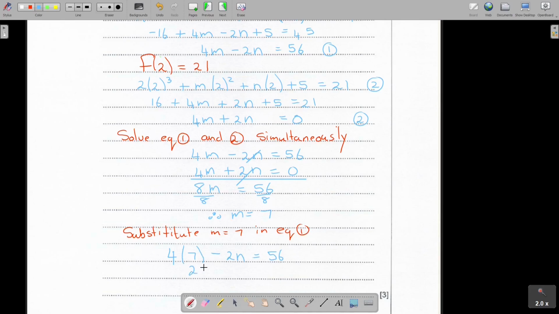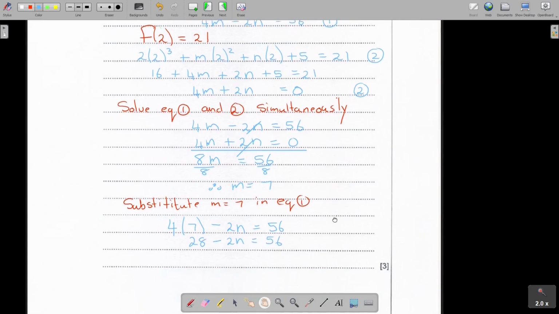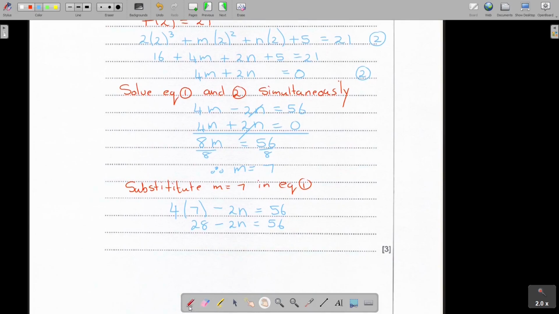So I'm going to get 28 minus 2n equals 56. And then I'm just simplifying this. So this is 28, and I'm just taking it to the other side due to the negative, but it doesn't matter.